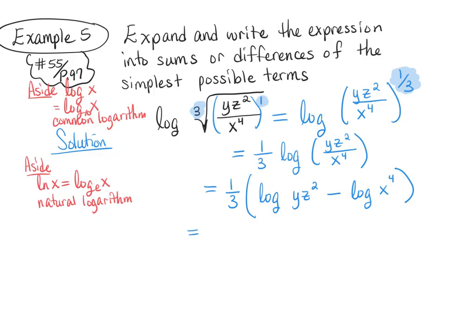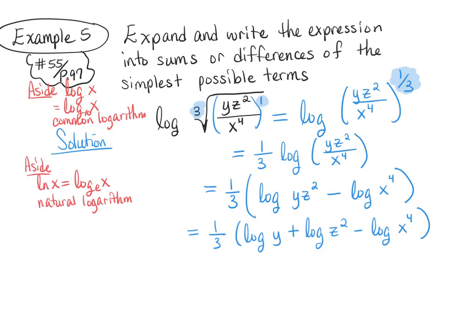So this is now equal to, now we have a product. So this step was using property 2 of the logarithms. Now we have a log of a product, so we can use property 1. So this is 1/3 times the log of y plus the log of z squared minus the log of x to the 4th.